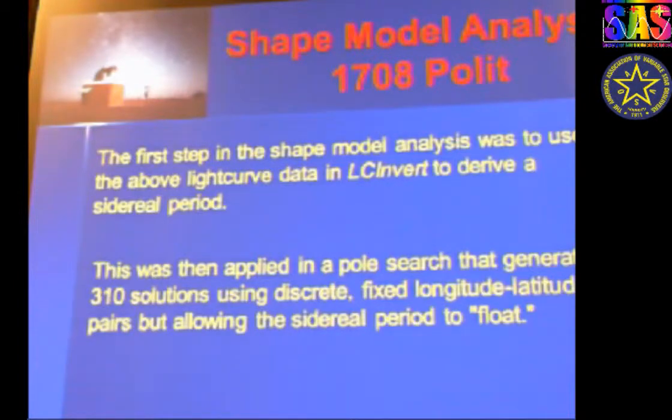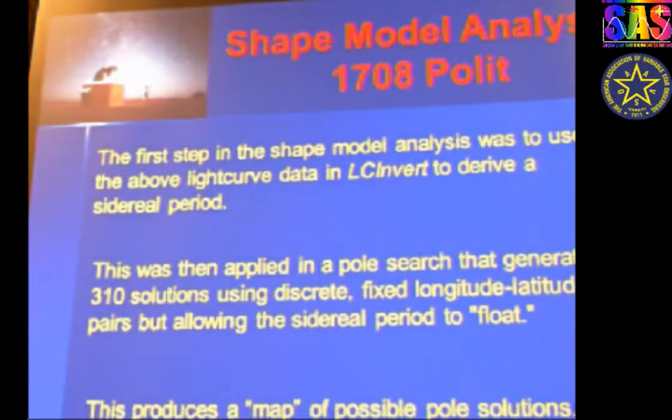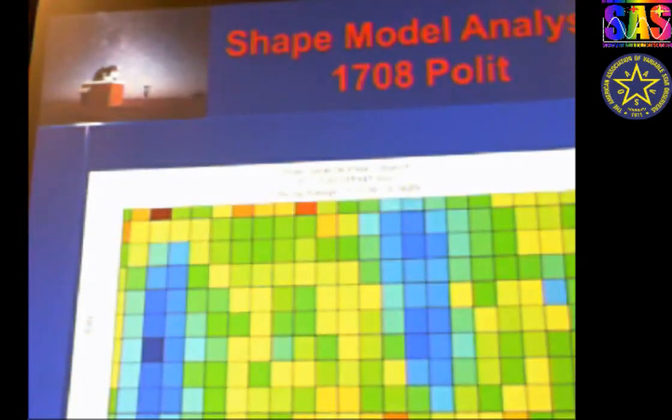First thing we do is run it through the software, which is still very much a black box to me at the moment, trying to work out how it works. But we wind up trying to get a sidereal period for the asteroid instead of synodic. And then once we get that done, we run it through another routine in the software where we're trying to work out in which direction the pole of the asteroid could be pointing.